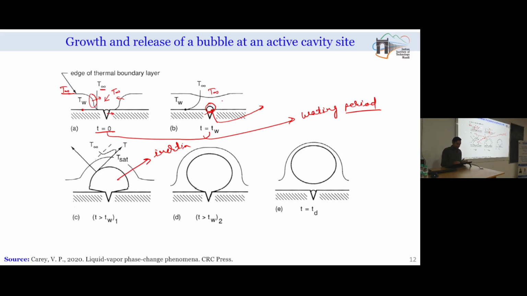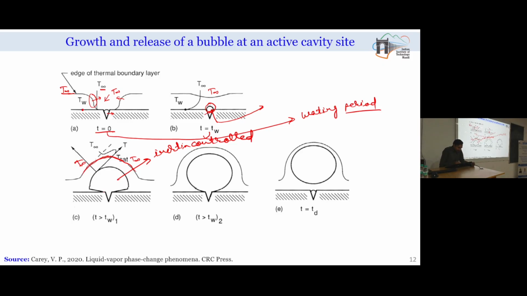So, this initial phase of vapor growth outside the cavity is the inertia controlled regime. While it is displacing the liquid, the thermal boundary layer will also take the shape of the vapor, and we will have a boundary layer something like this. So, this is the T infinity temperature.